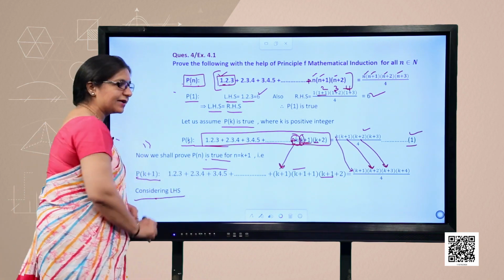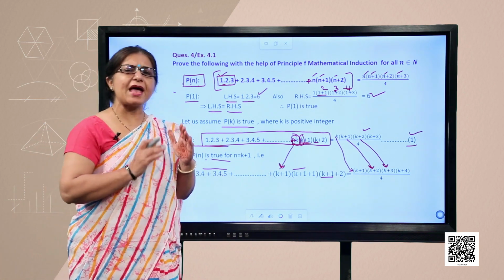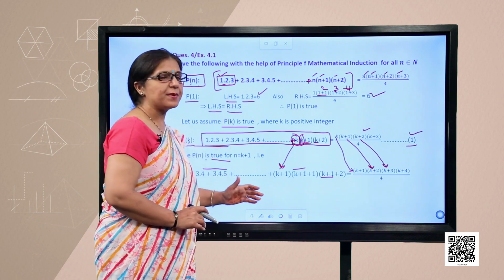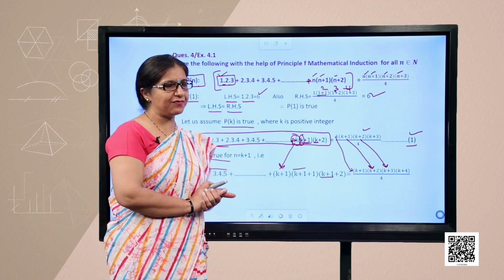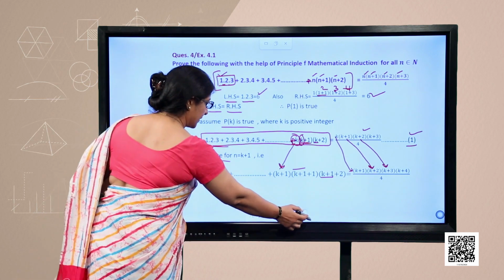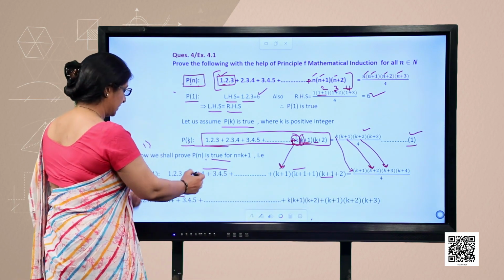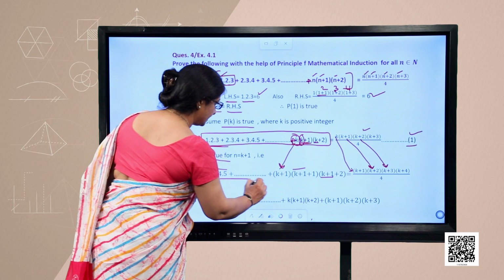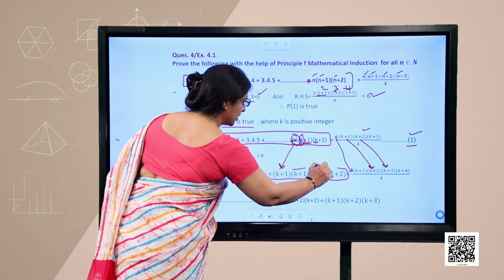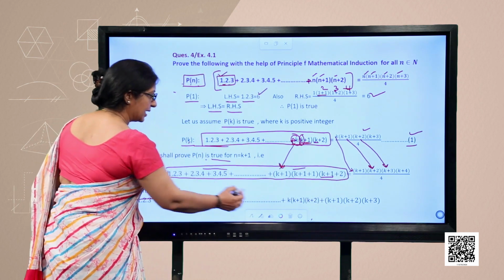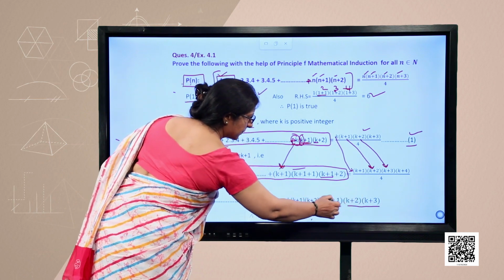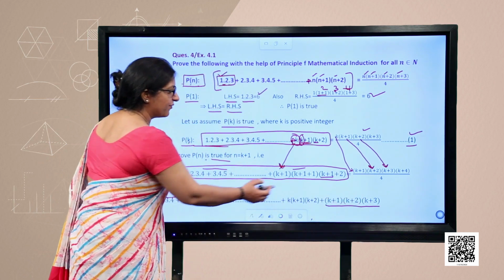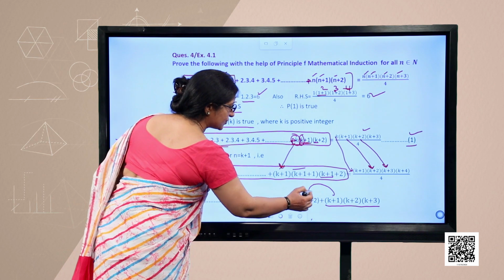Now, we will consider the left hand side as usual. In every question of this type, we need to take the left hand side first. So, in the left hand side, this expression is till the k plus 1th term. And what is the term before the k plus 1th term?